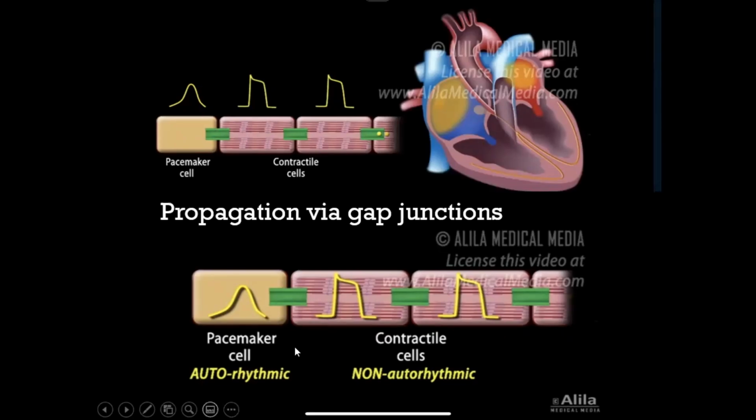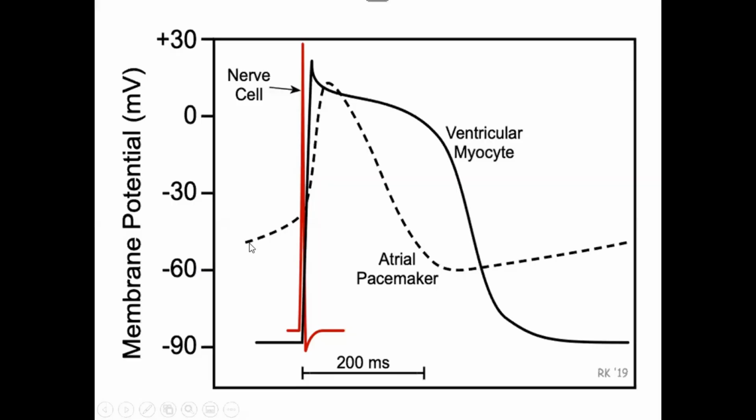But here, your heart has something called autorhythmicity. Your SAN, your sinoatrial node, or AVN or bundle of His, all the conduction tissue, have autorhythmicity where they can generate their own pacemaker potential. This pacemaker potential will cause ion movement via gap junction and maintain the ventricular myocyte propagation of action potential.